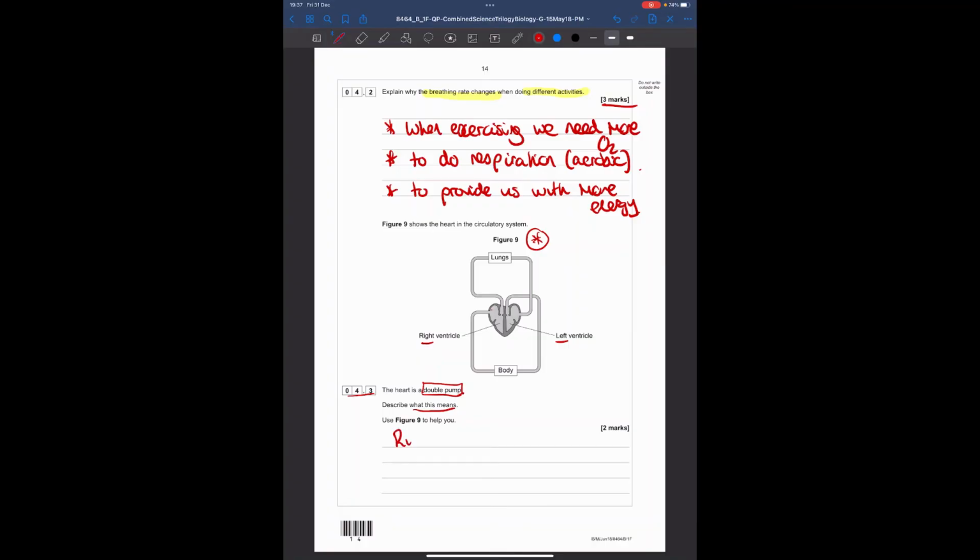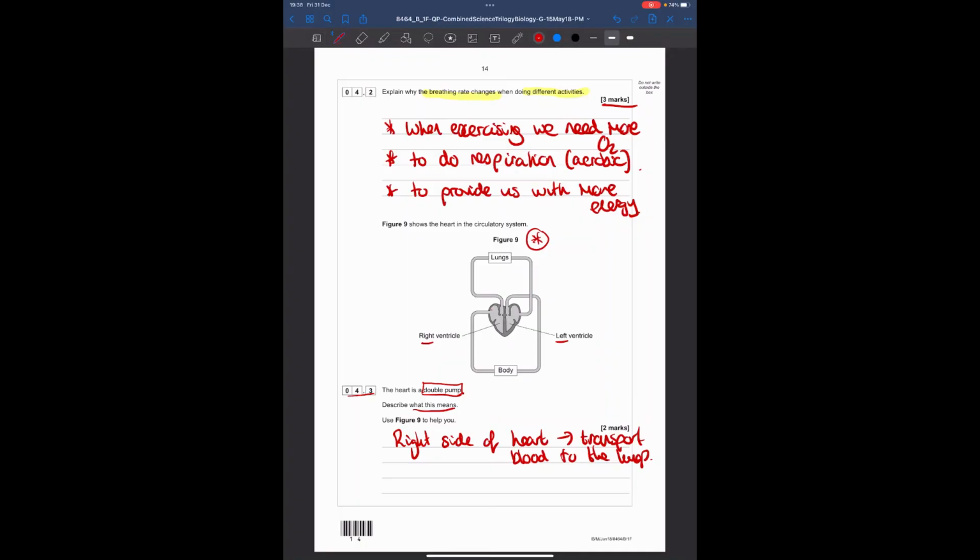The right side of the heart, its job is to transport blood to the lungs. That's when it's already gone round the body once, it's used up its oxygen, and it needs to get new oxygen and get rid of any carbon dioxide it's picked up.